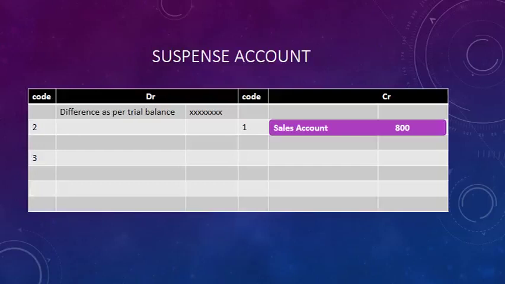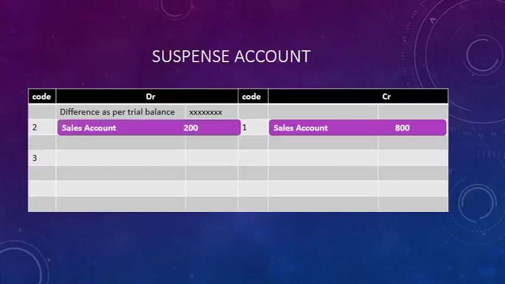It says debit suspense, credit sales. That's what we did, right? As a correction. Yes, debit suspense, credit sales. So we come to the suspense account, we write sales account. Why? Because we credited the sales account. We are debiting suspense.